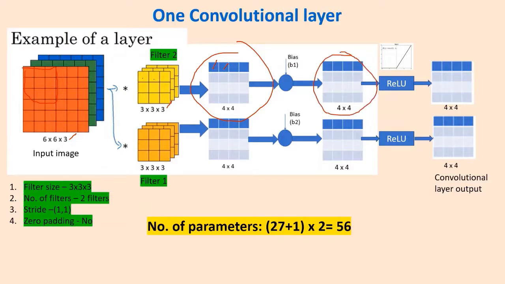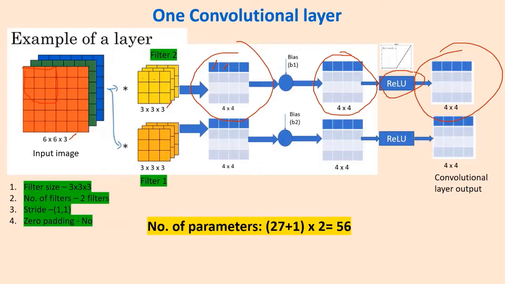Then this matrix may have some negative values, so we rectify it to get a rectified output. This is called ReLU. ReLU is an activation function; there are other functions also. This is a widely used function called the rectified linear unit. What it does is all the negative values are rounded up to zeros and the positive values are retained as they are.